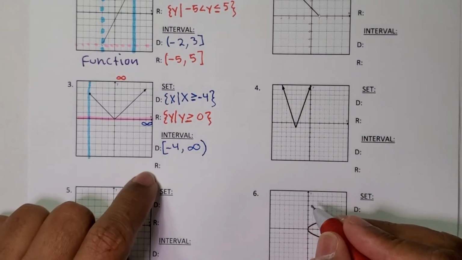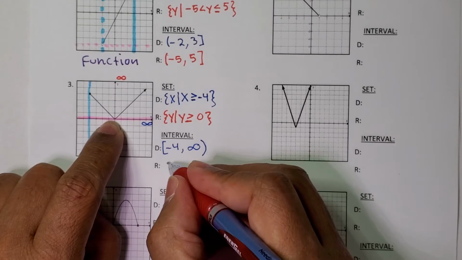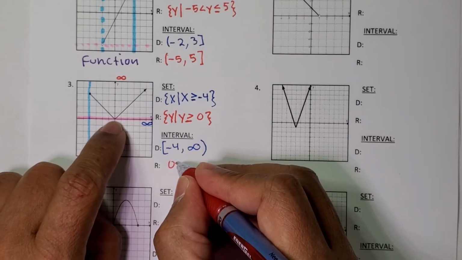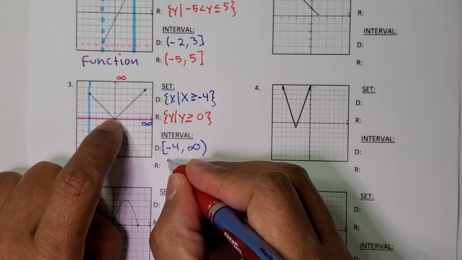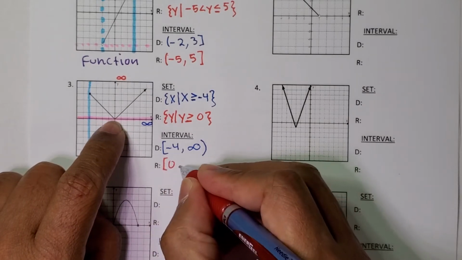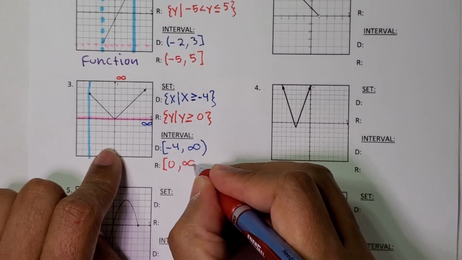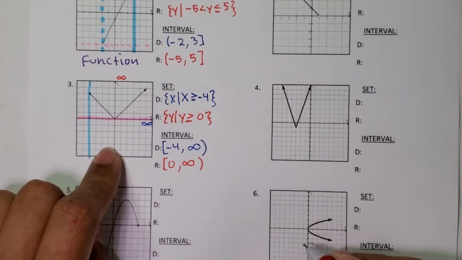Now for the range in interval notation, we have 0, and this one does count as a closed circle, so this will be a bracket, and then it goes on to positive infinity, so this one gets a parenthesis.